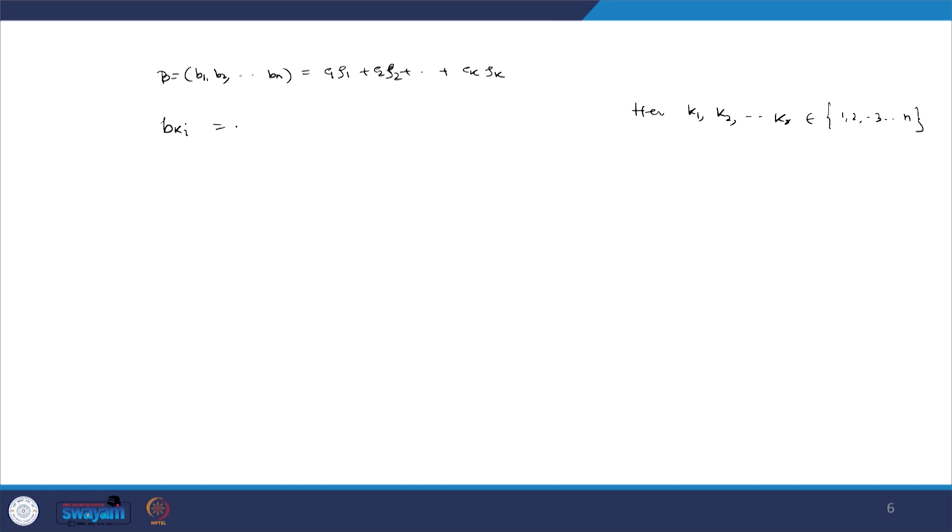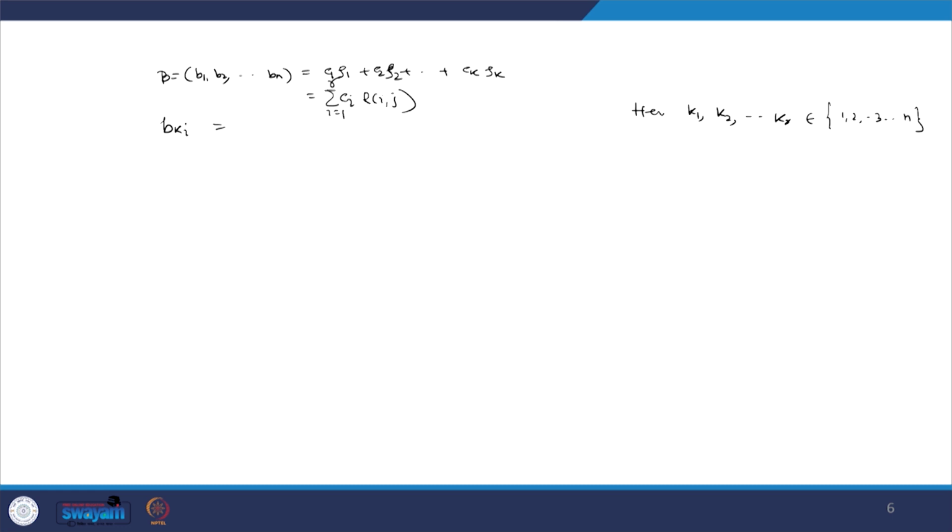If I take the linear combination, then the k_i-th entry is sigma c_i r_ij, i equal to 1 to r.